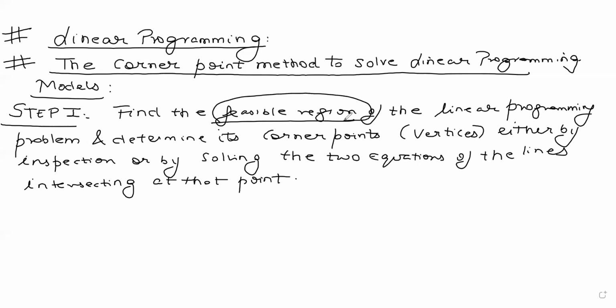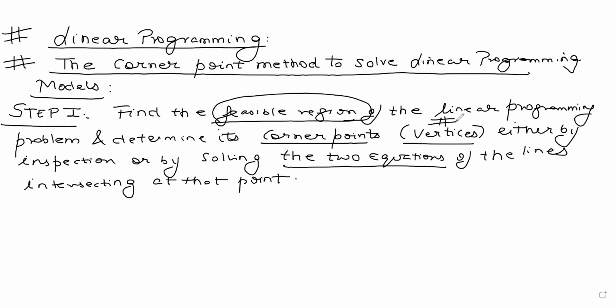Once we get the feasible region, we locate the corner points, also called the vertices, either by inspection, by looking at the graph, or by solving the two equations of the lines intersecting at that point. Remember, at a given vertex, two lines intersect.